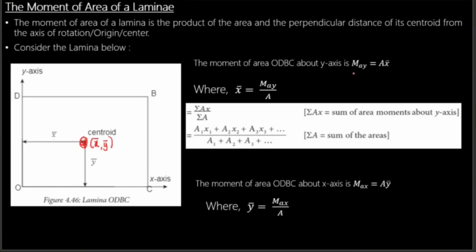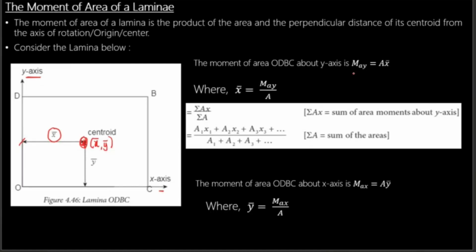The X bar is measured from the Y axis, and this is the X axis. So we have a square there. This is the distance from the Y axis to the center, and this is the distance from the X axis to that center. That is how we determine the centroid.